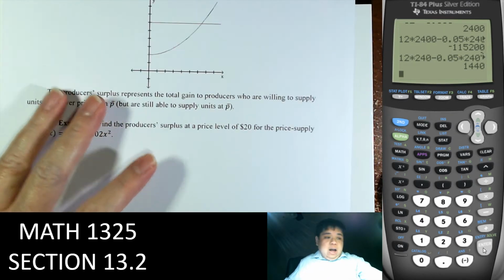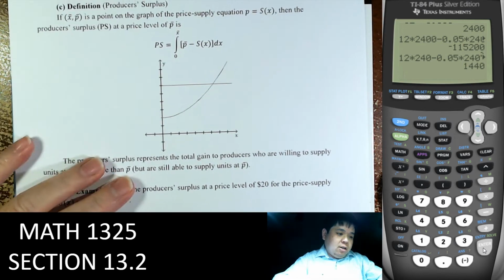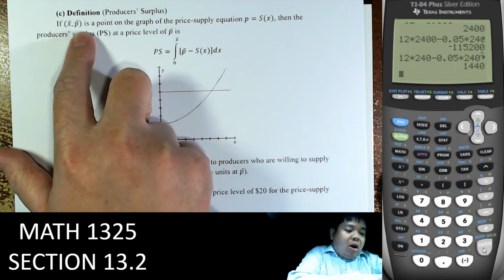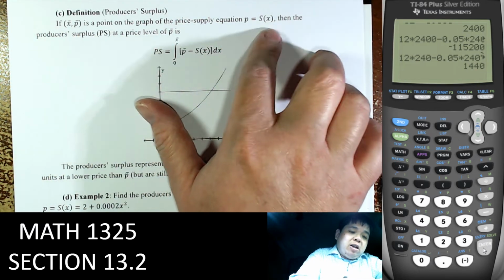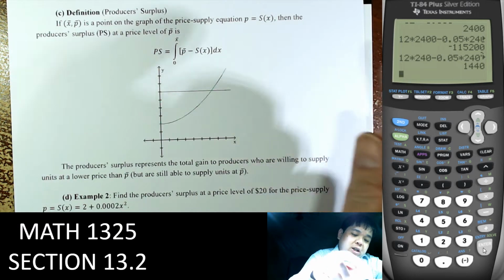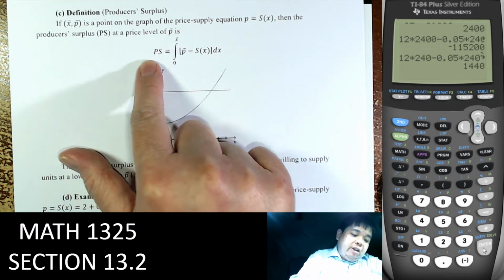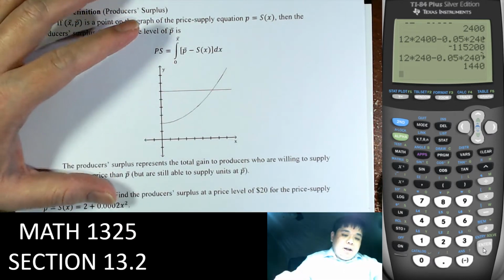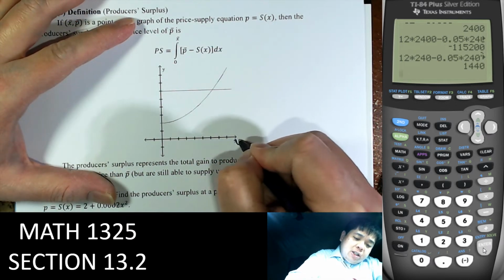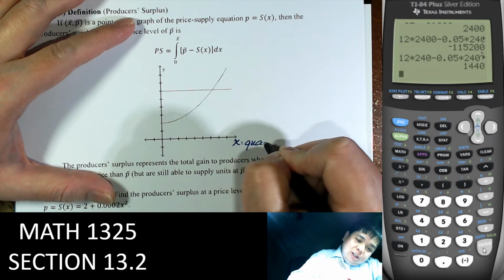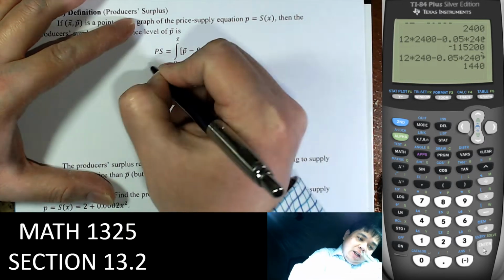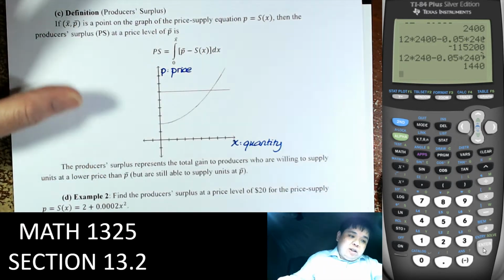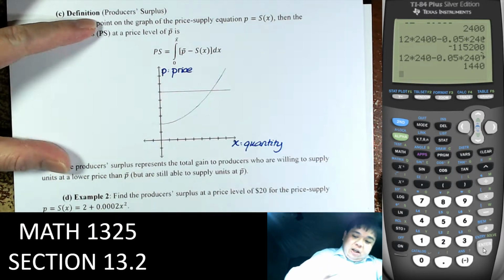Now the producer surplus. If X bar, P bar is a point on the graph of the supply equation, then the producer surplus is given by that. Once again, X is quantity and P is the price. In this case, we have the level P bar.